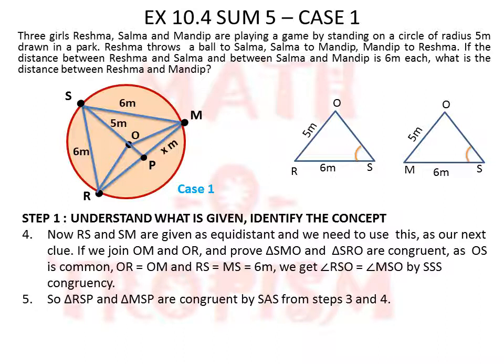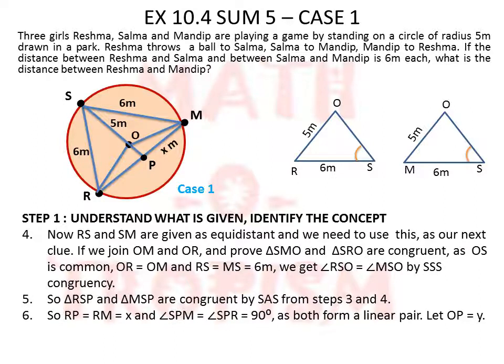Now once we have got that, we can prove that the bigger triangle RSP is congruent to PSM. Since these two are congruent, it means that RP is equal to PM, and also we can directly write angle SPR will be equal to angle SPM, which is equal to 90 degree, because both are forming a linear pair.